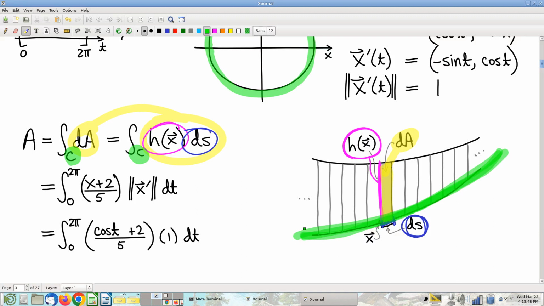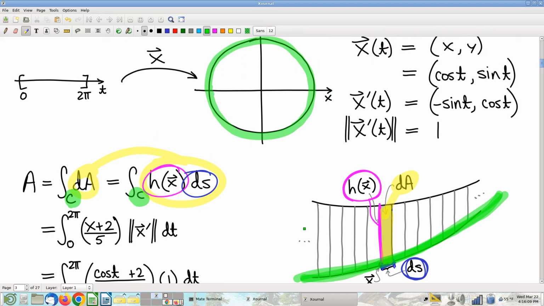So the domain here is a curve. Now, why am I computing an integral on this curve? The reason I'm computing an integral on this curve is because that integral is going to compute an area. Yeah, absolutely. But the domain itself is still just a curve. Does that make sense? Yeah, it's a great question.